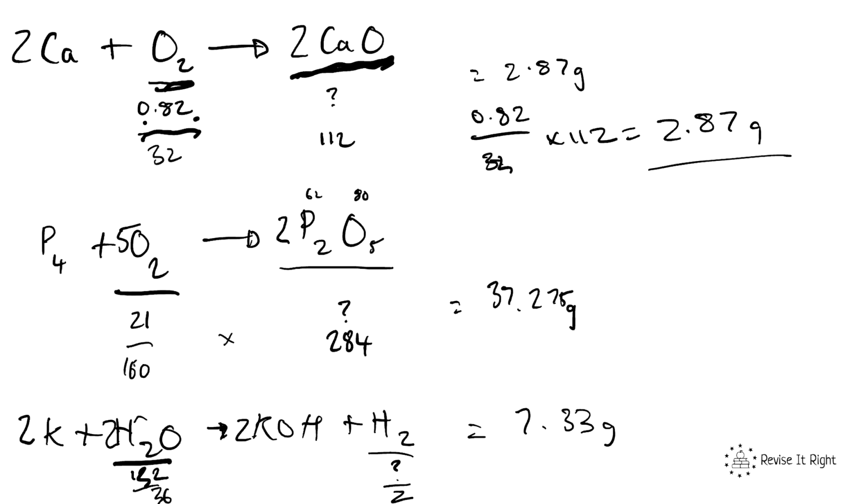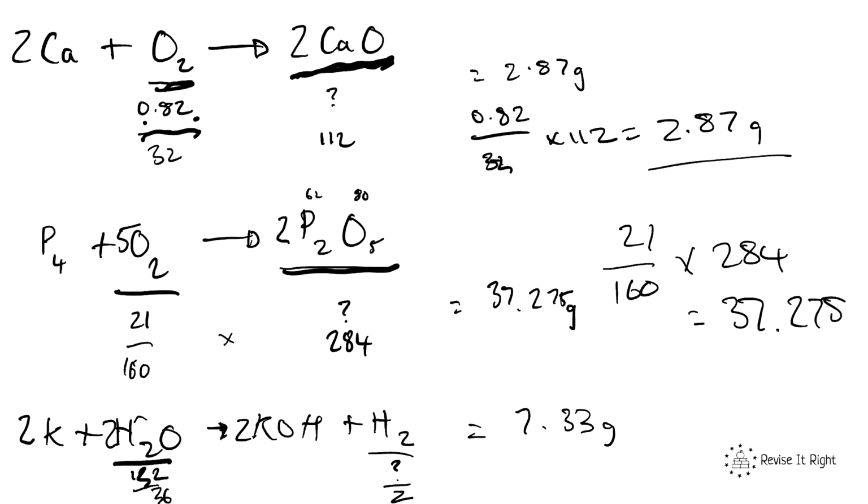And then we're going to put a question mark next to our product, and that, if you add it all together, you should have got an MR of 284. Okay, so you should have done 21 divided by 160 times by 284, and you would have got your answer as 37.275 grams for that one.